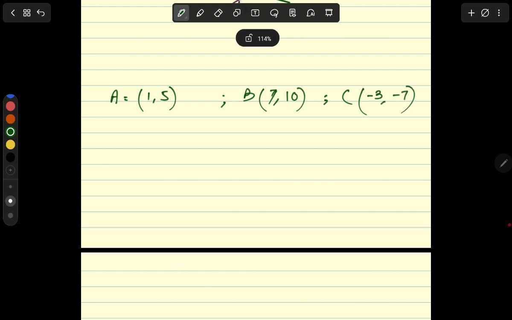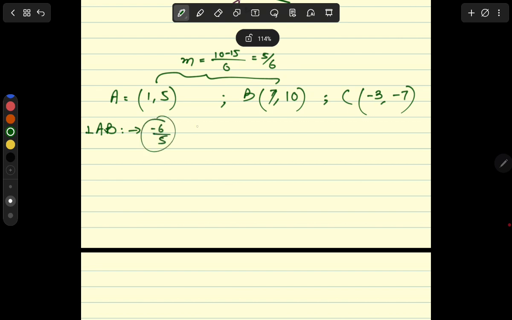Okay, now let's see. So if I draw a perpendicular bisector between AB, so first of all I find the negative reciprocal, so the gradient between them is what? It is 10 minus 5 over 7 minus 1, which is 6, so 5 upon 6. So the perpendicular bisector is going to have gradient minus 6 upon 5 first of all.